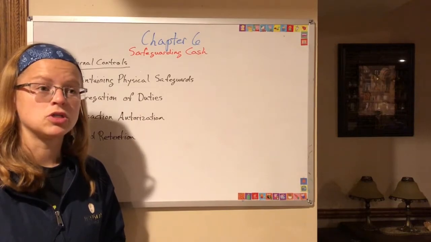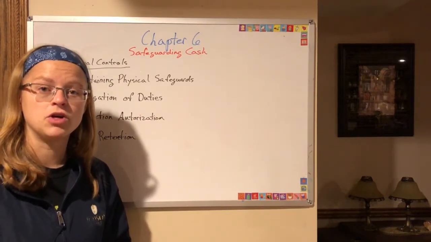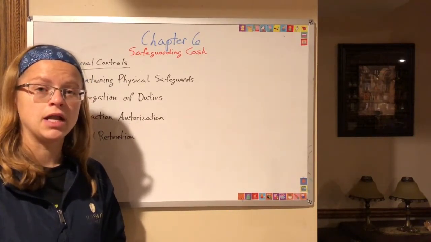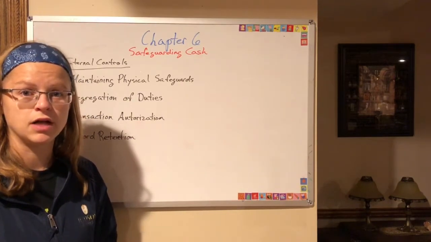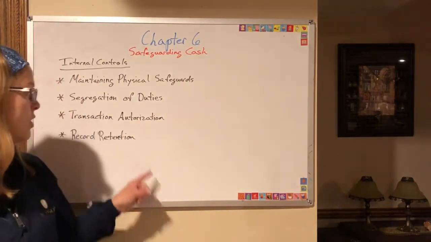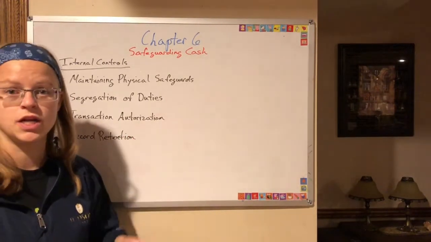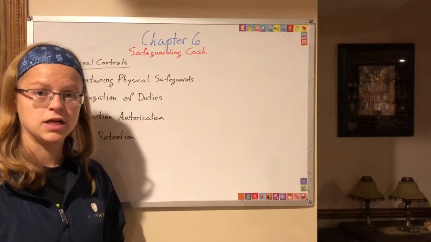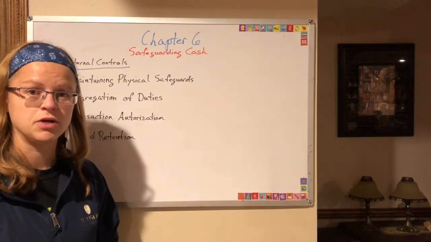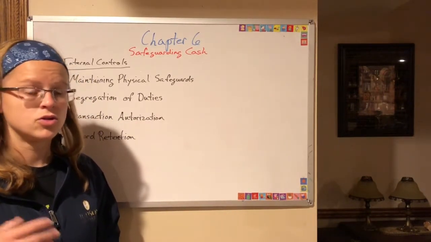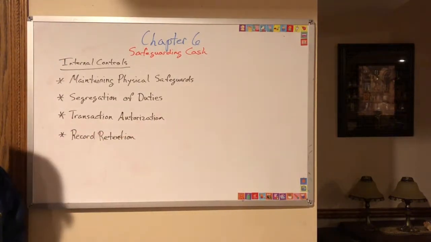So she purchases a large amount of furniture for the organization, and it totals up to $25,000. Well, that wouldn't happen if they had transaction authorization and Anne had to authorize the transaction, because she would know about it. So that's transaction authorization.